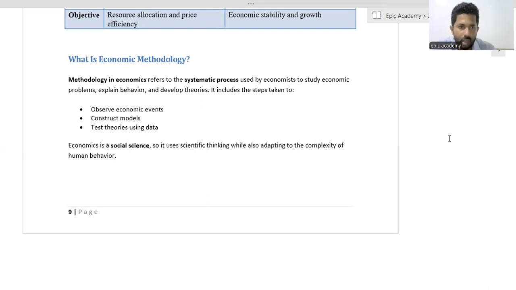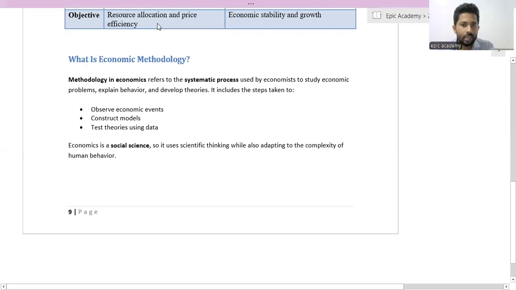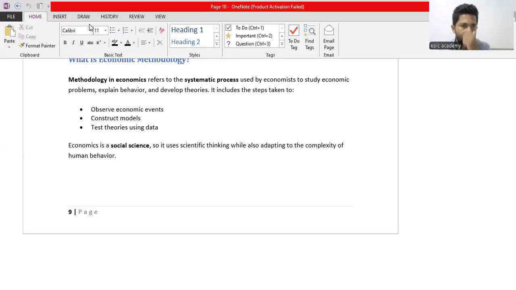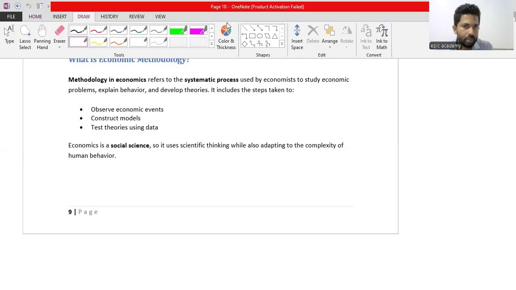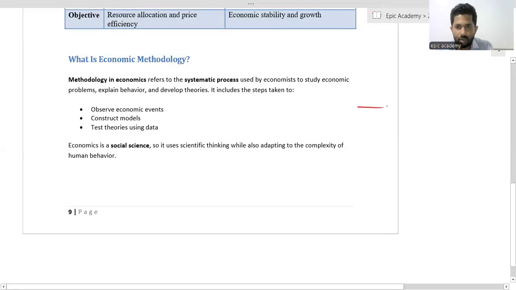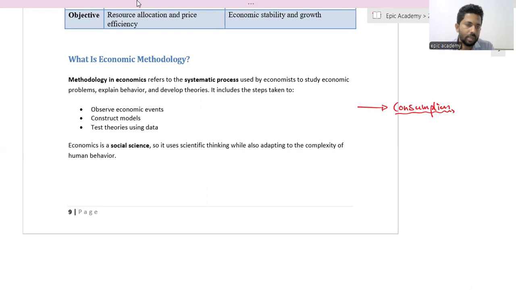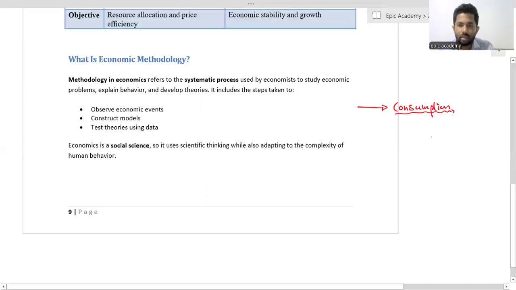Right? As an example, just consider economic behavior of any kind of person. I will take consumption as an example. Consumption is one of the major activities of the people related to economic activity.